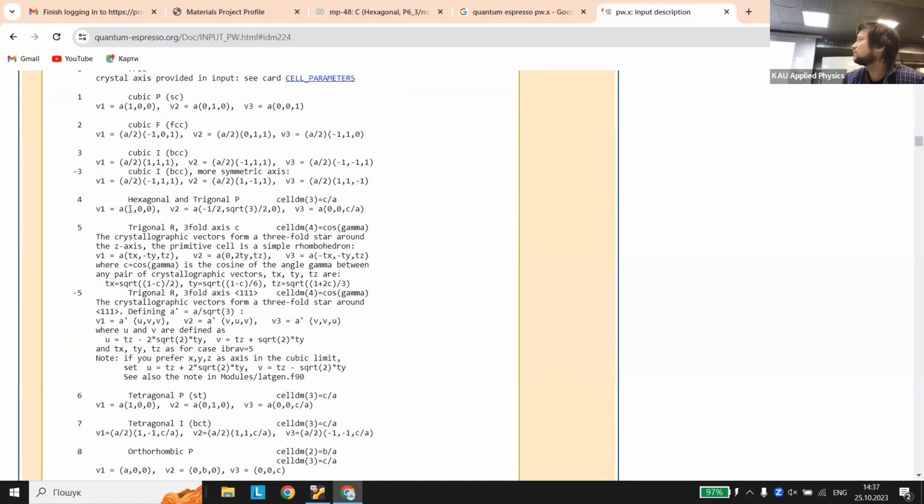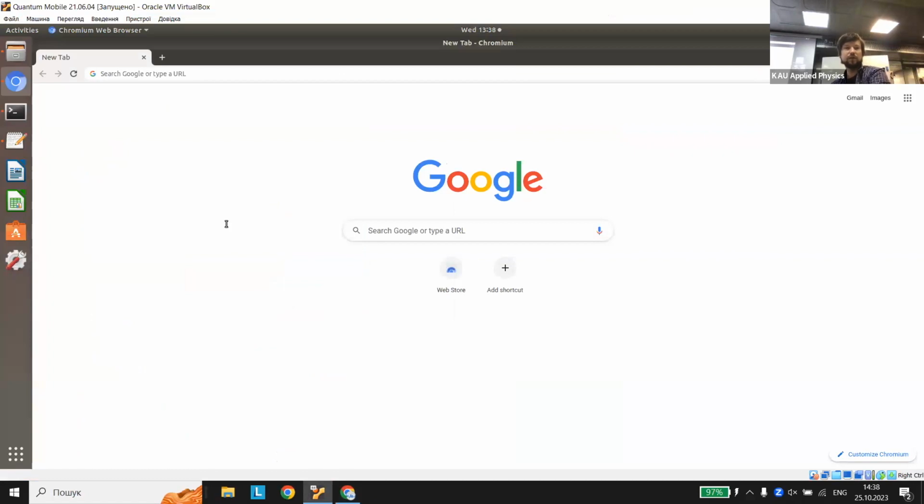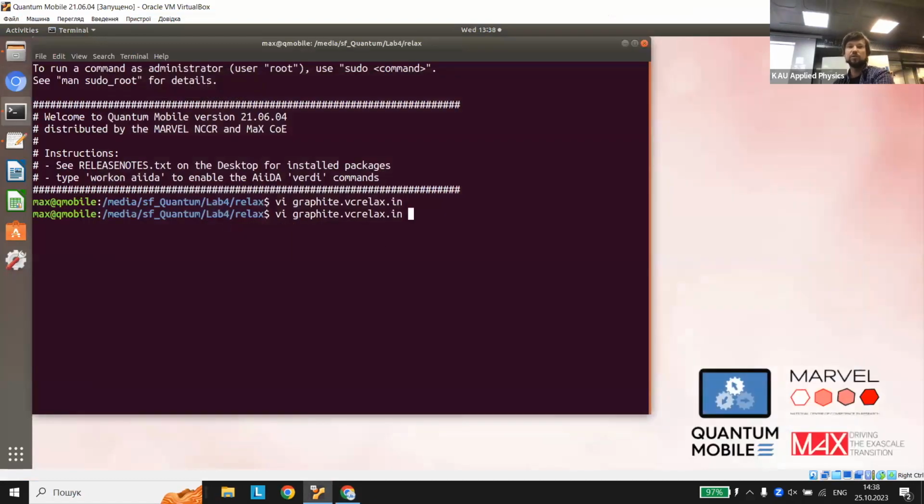Here, celldm(3), this is c divided by a. And by default, for each of these ibrav, we need celldm(1), which always equals the a lattice parameter. For some ibrav, like 4, we need celldm(3) and celldm(4) and some other things.